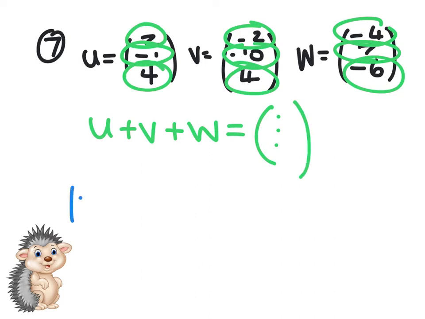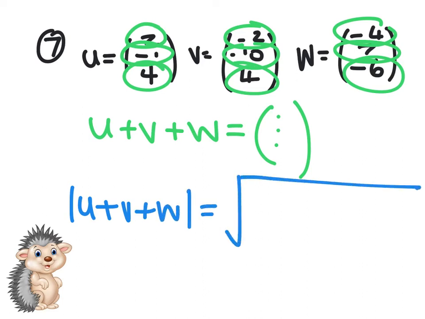Second part of the question is to find the magnitude. So the magnitude, remember, is where you're working out its length. So we do Pythagoras. So whatever your first thing in the bracket is, we're going to square that. Add on the other one squared, add on the other one squared, and square root it. It should come out to be a nice simple answer.